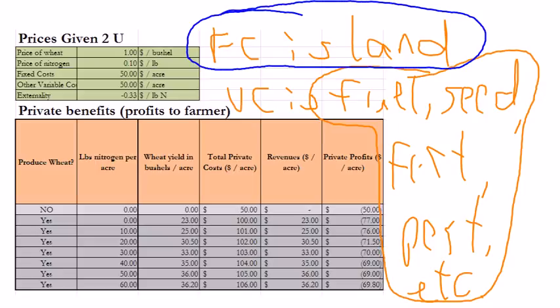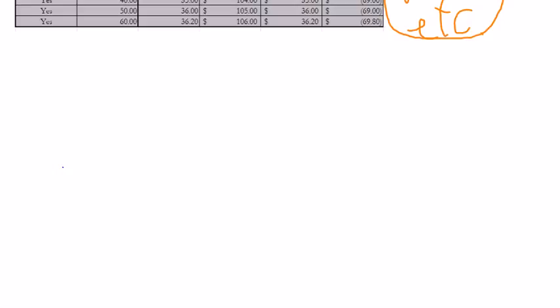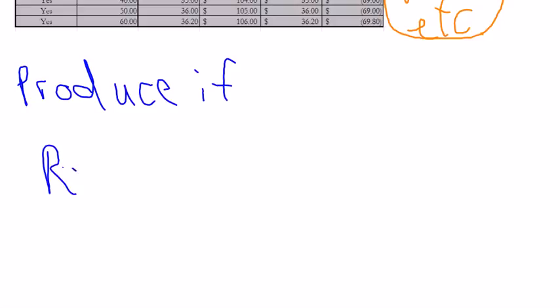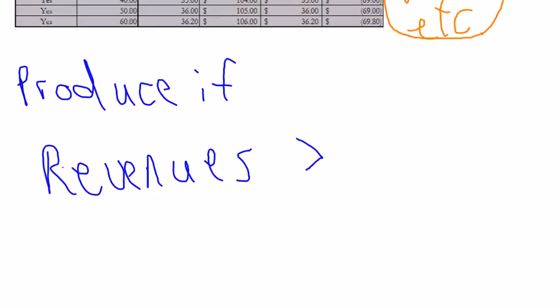Let me show you one other thing that I found useful. Remember, we say that produce if revenues are greater than variable cost. Well, notice we can go in here and divide each side by the amount we produce, say output.